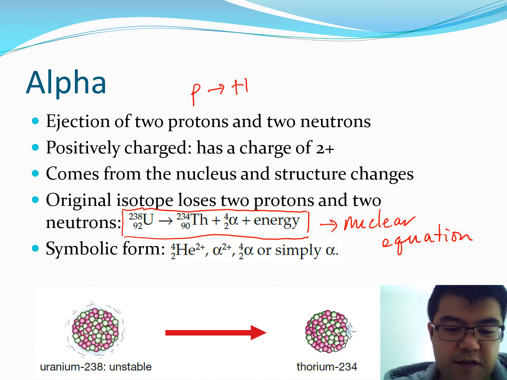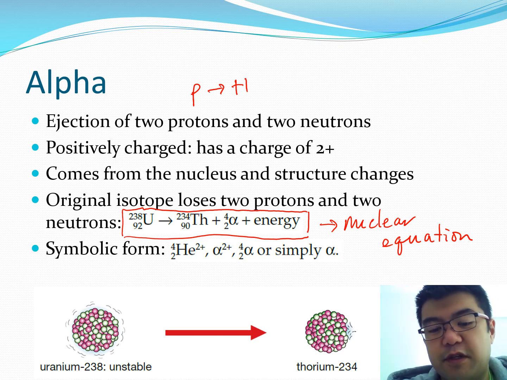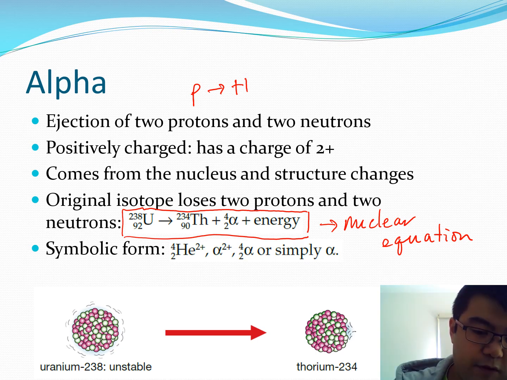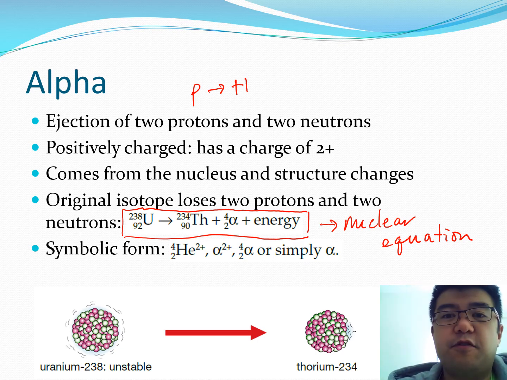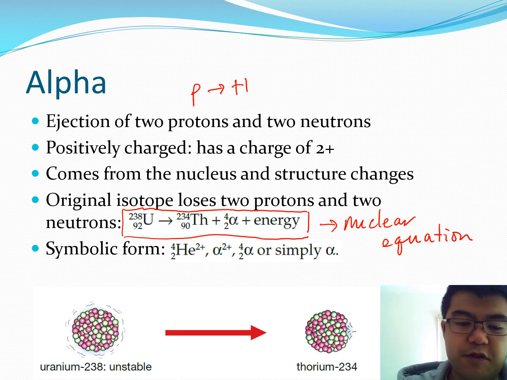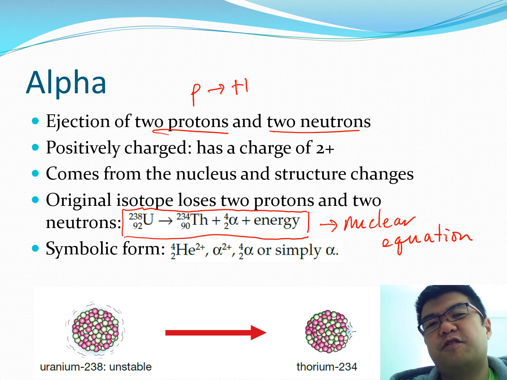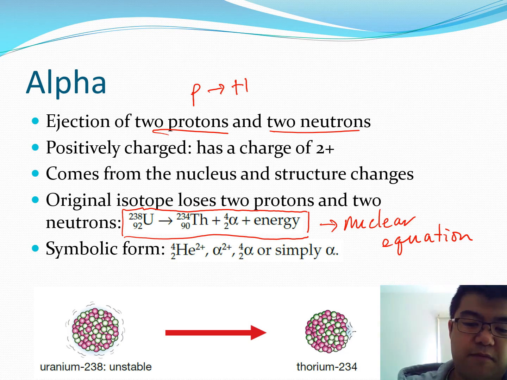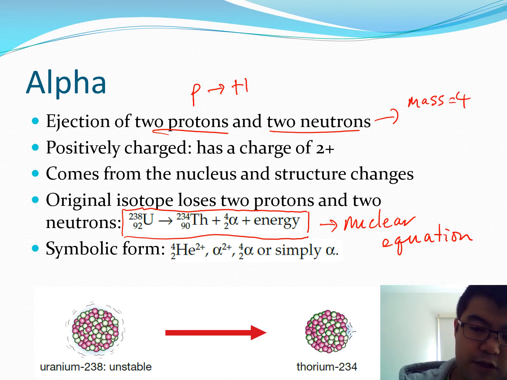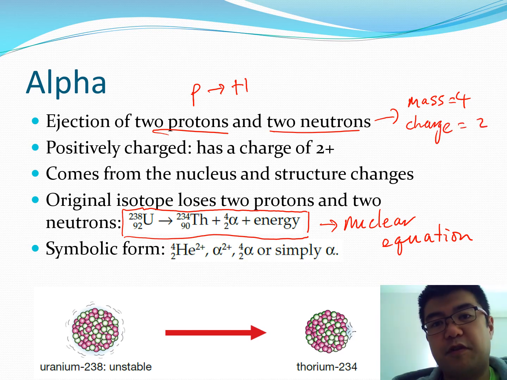So in this particular case, we have an alpha particle being released. Now, we originally started with a mass of 238. We're losing 2 protons and 2 neutrons. So if you lose 2 protons and 2 neutrons, that gives us a mass of 4 that we're losing, and a charge of 2 that we're losing.